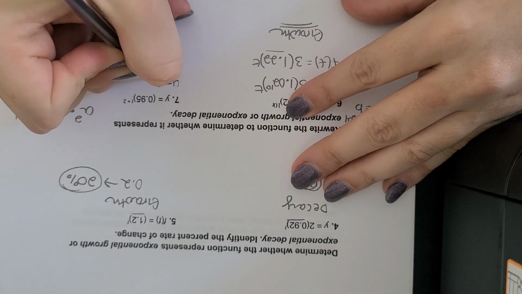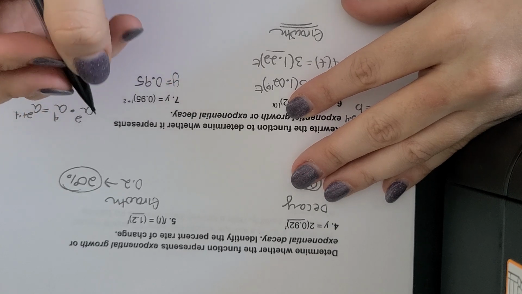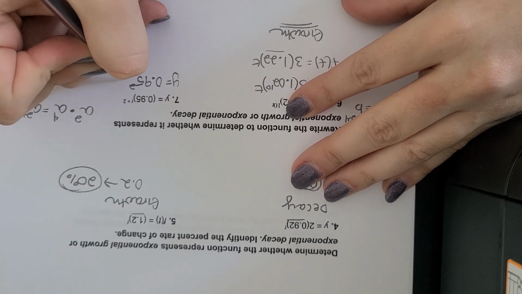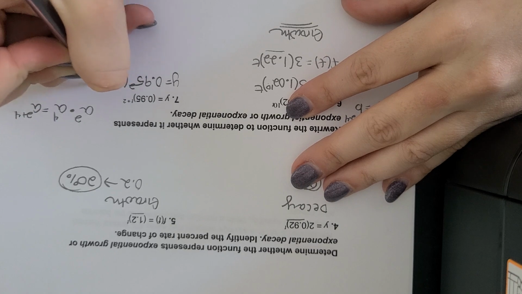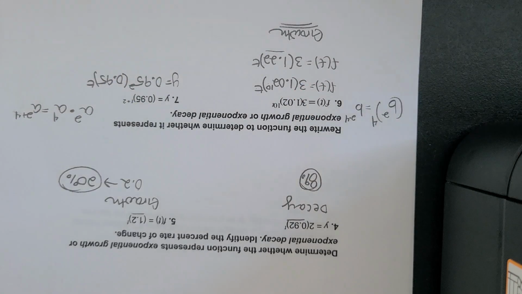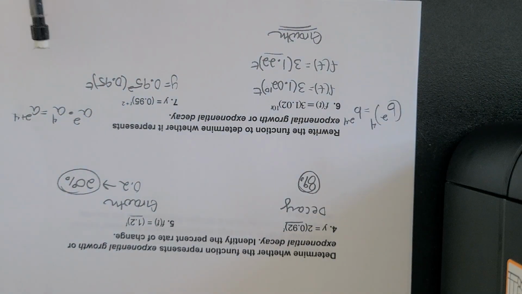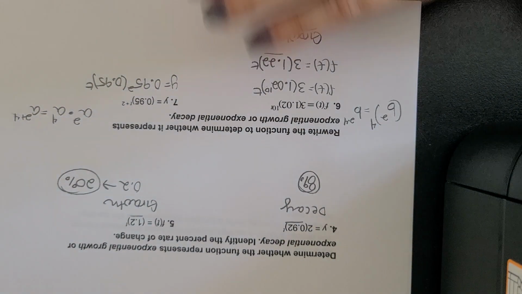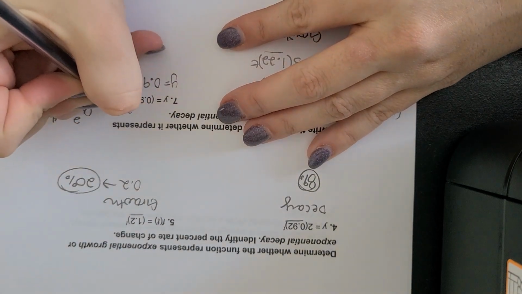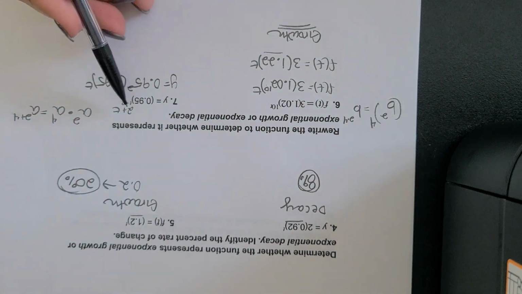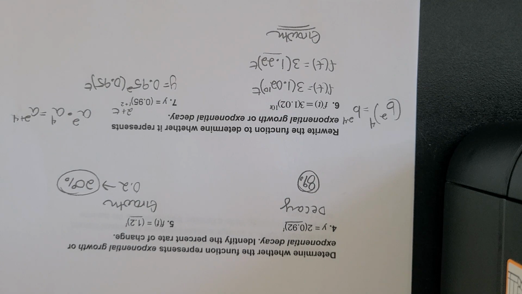So this is going to be 0.95 to the 2, and then 0.95 to the t. So I know I kind of switched the order. I know it's t plus 2, but the order doesn't matter. 1 plus 2 is the same as 2 plus 1. So if you want to think about this as 2 plus t instead, so the 2 comes first and then t comes after, you can.